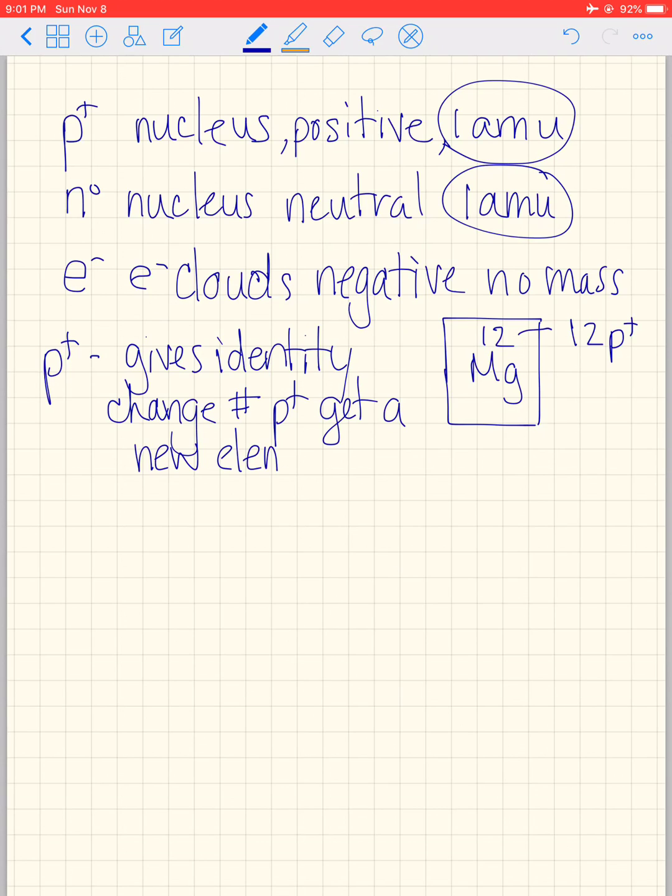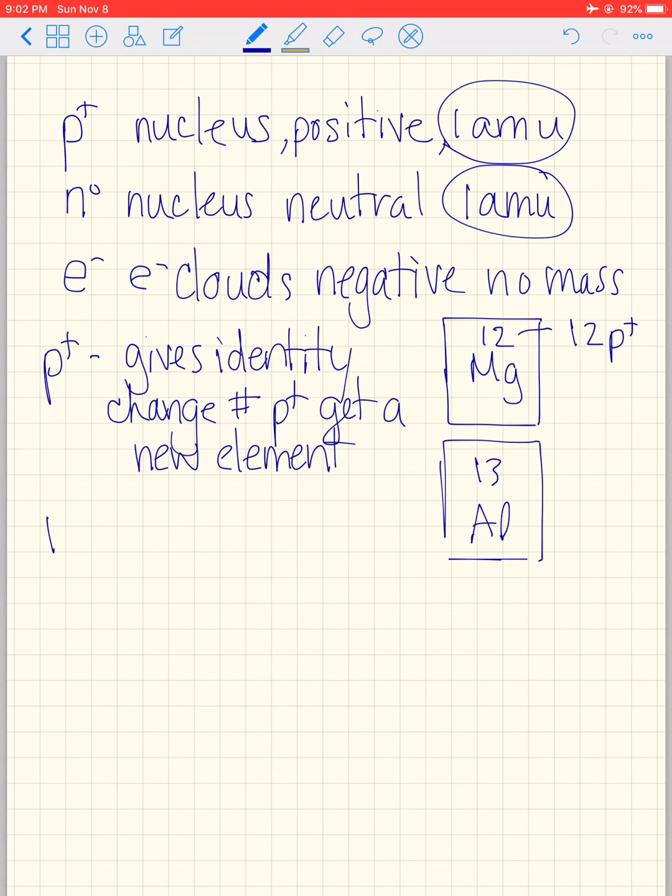So if you look on your periodic table, if I were able, which I'm not, it's a nuclear event if I do this, if I add another proton to my magnesium atom, I would end up getting aluminum. So if I add a proton to this, then I would have 13 protons, and now I'd have aluminum. So the job of the proton is to give the element its identity. If I change the number of protons, then I'm going to be changing what it is.